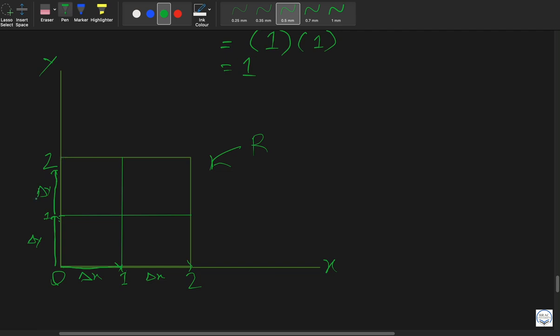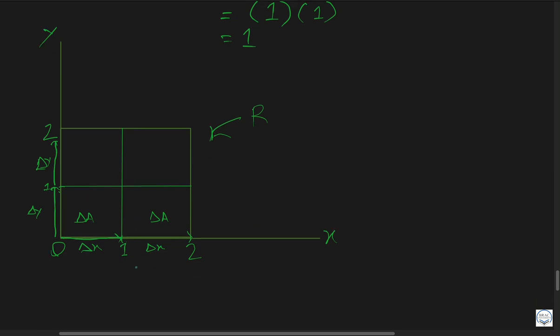Then, as we are at y equals 1, we move up again by delta y, which is 1. So we are at 2 now, but our interval ends at 2, so we don't have to do anything. This is actually our grid. There are only 4 rectangular areas, where each of them has an area of delta A.